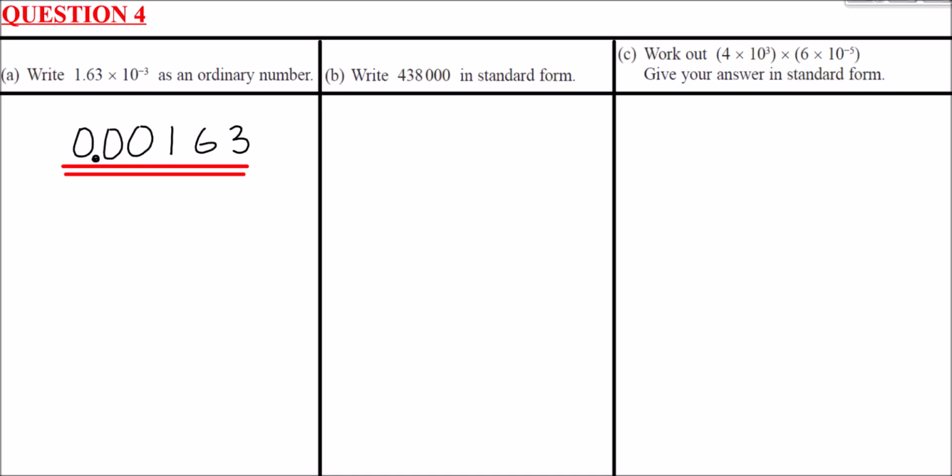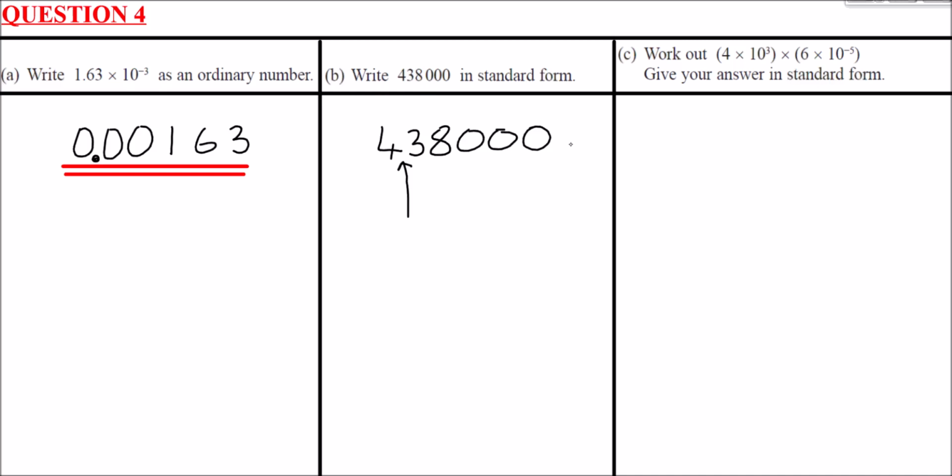This one, write 438,000 in standard form. Well, for a number to be in standard form, it needs to be in between 1 and 10. Obviously, this is far too big. So to make this number somewhere between 1 and 10, we'd need to put the decimal place in between the 4 and the 3. So if it goes there, we need to think where the actual decimal is in the actual number 438,000.